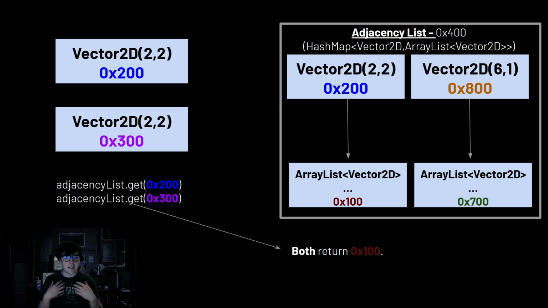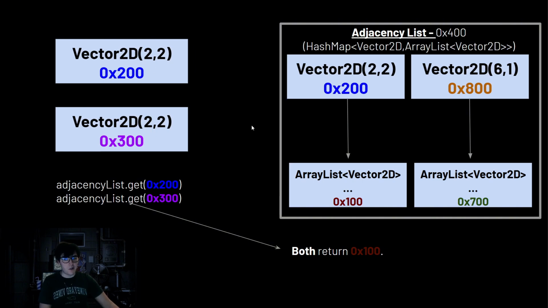As the programmer, we are deciding that the only thing that matters between two vectors is that their x and y's are equal. If you look at the code, it's a little different just to take care of some edge cases. But all you need to know is that two different objects could map to the same thing as long as they contain the data that matters, which in our case is the x and y's of these vectors.